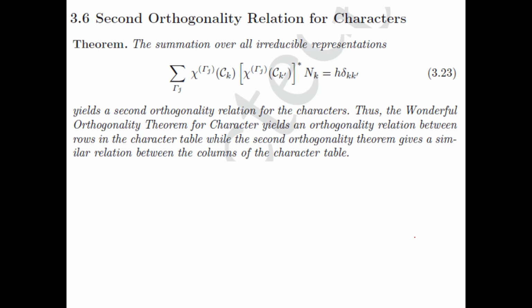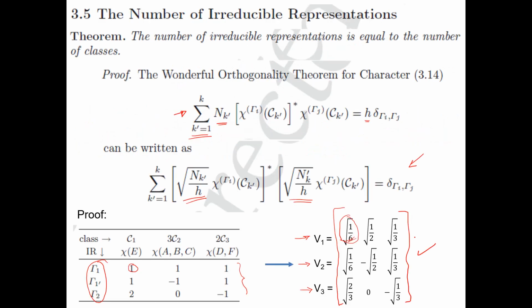All right. So I have shown you that the wonderful orthogonality theorem for characters can be interpreted as orthogonality between rows, orthogonality between representations.